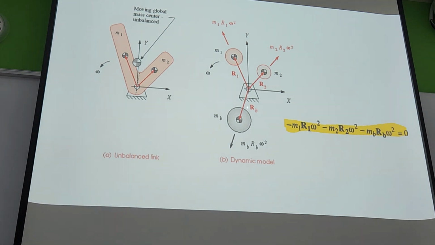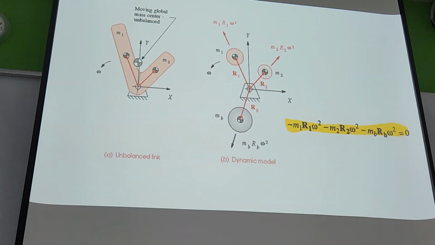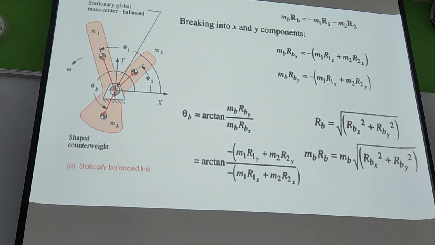So the force acting due to the balancing mass created, where the mass of the balance is mb and the position is rb, is mb rb omega square. So the sum of these forces must be 0. So all these forces are negative and you are making it 0. Once you do that, our aim is to calculate mb rb.